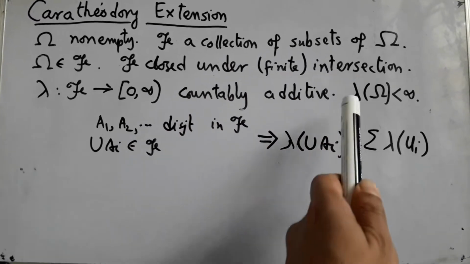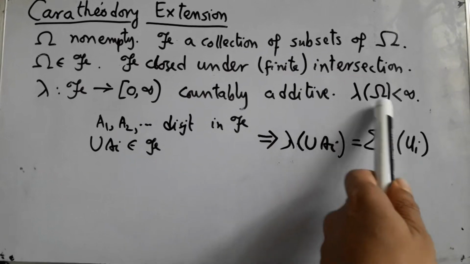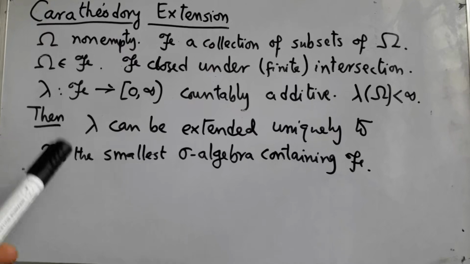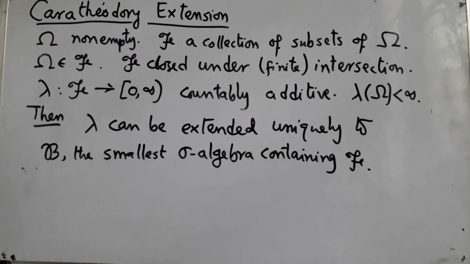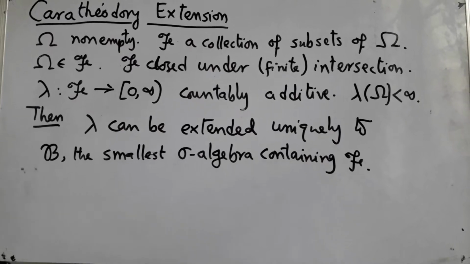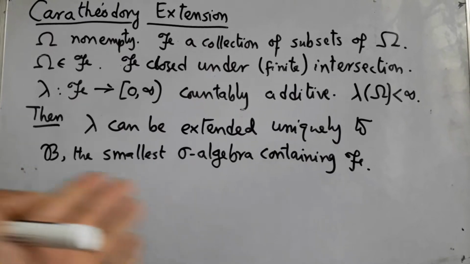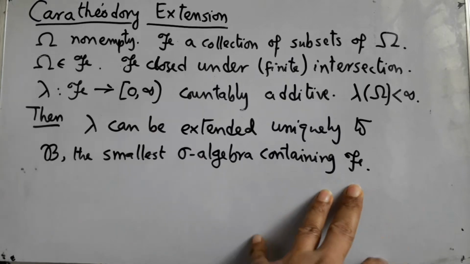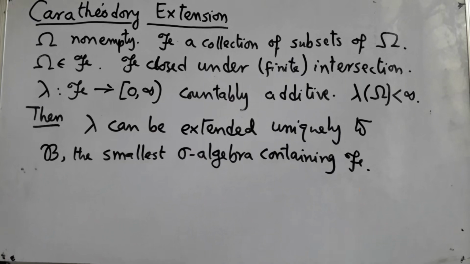We also assume that the length of the entire thing is finite. Then this lambda can be extended uniquely to script B, the smallest sigma algebra containing script F, that is script B is as before, all the sets that you can manufacture by combining sets of script F using countable operations.